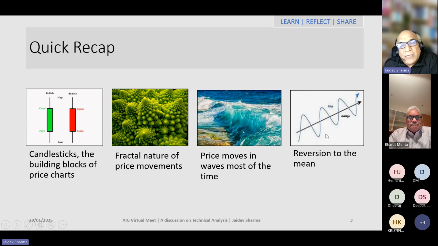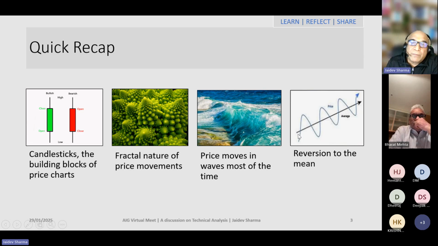The last concept here is about the tendency of price to come back to the mean. Whether price is moving sideways in a channel of support and resistance, or it is trending up or down, it always tends to come back to an average path. It goes up and then comes back to visit the mean, goes down and then goes up and down and up and down.